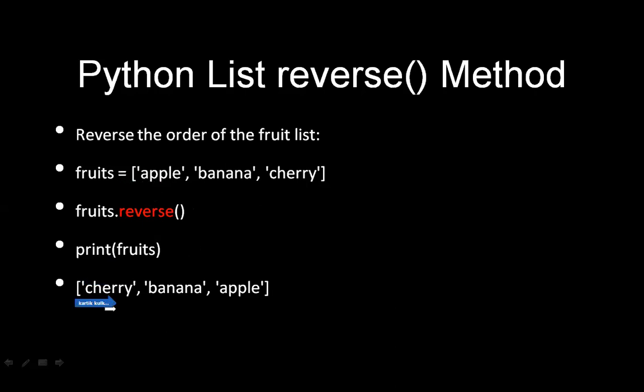It means that the elements are completely reversed. So that's what the reverse method is used for. As the name itself suggests, the reverse method means to reverse the order of the elements present in the list.